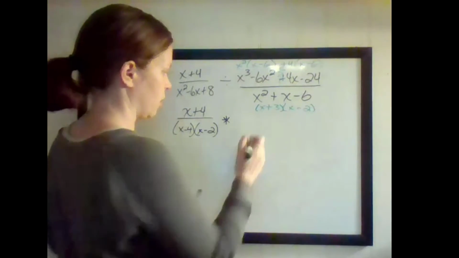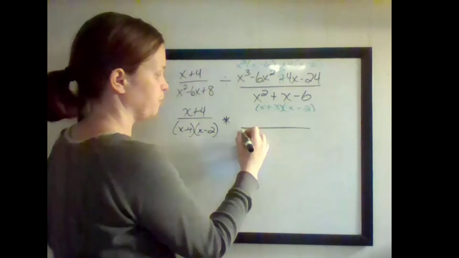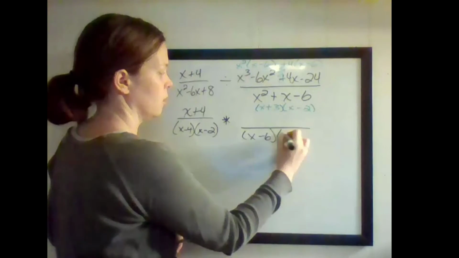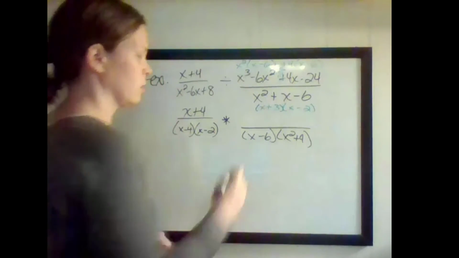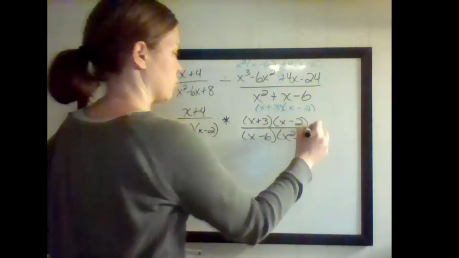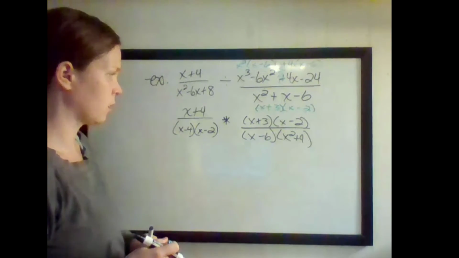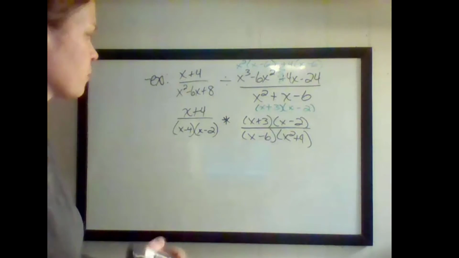So let me write my factored version of that out, but it's now going to be on the bottom. So x minus 6, x squared plus 4. And then on top is x plus 3, x minus 2. Okay, so it looks like I can do a little bit of canceling.